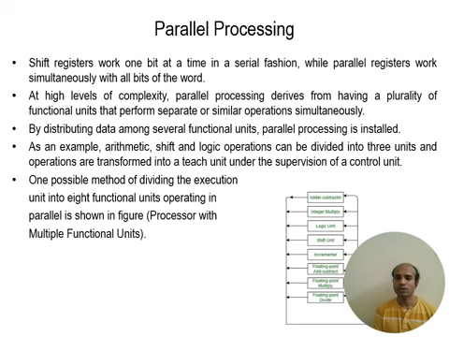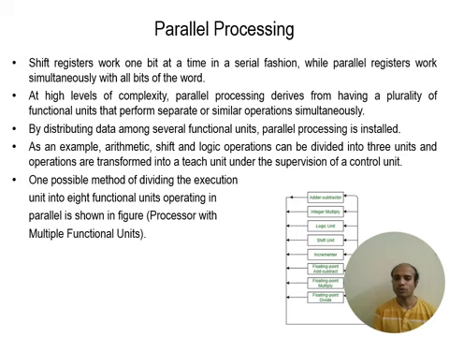By distributing data among several functional units, parallel processing is achieved. As an example, arithmetic, shift and logic operations can be divided into three units, and operations are transformed into each unit under the supervision of a control unit.